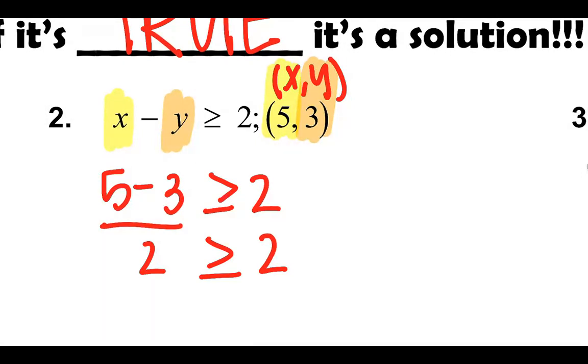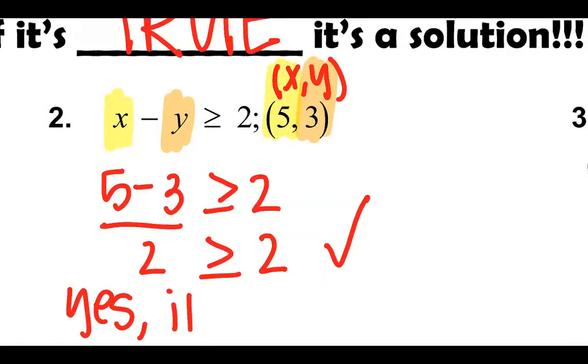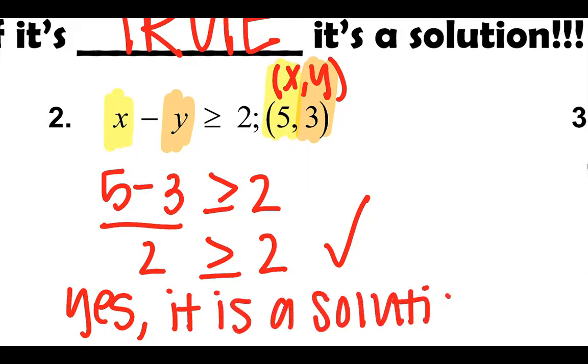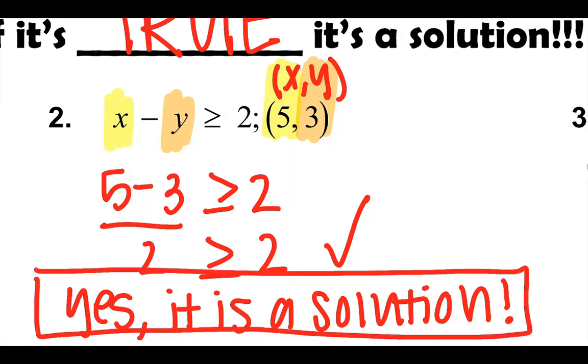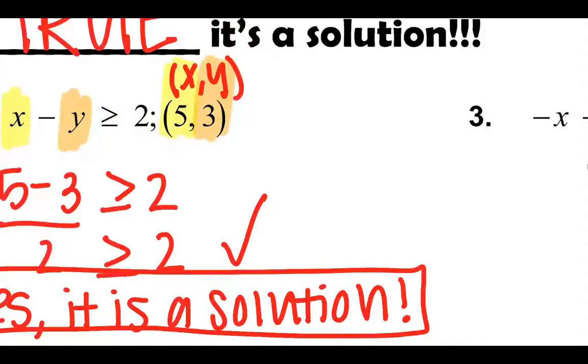Remember how we say this? We say greater than or equal to, so it doesn't have to be both. It's one or the other. It is equal to, so this checks out. Yes, it is a solution. That one's good to go.